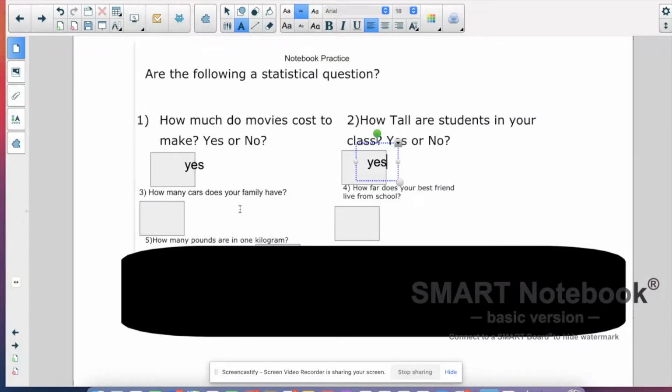Assuming you only have one family, as most people do, you will have just one set of cars. You will have one number to give about the size of the number of cars in your family. So this one would be not a statistical question.